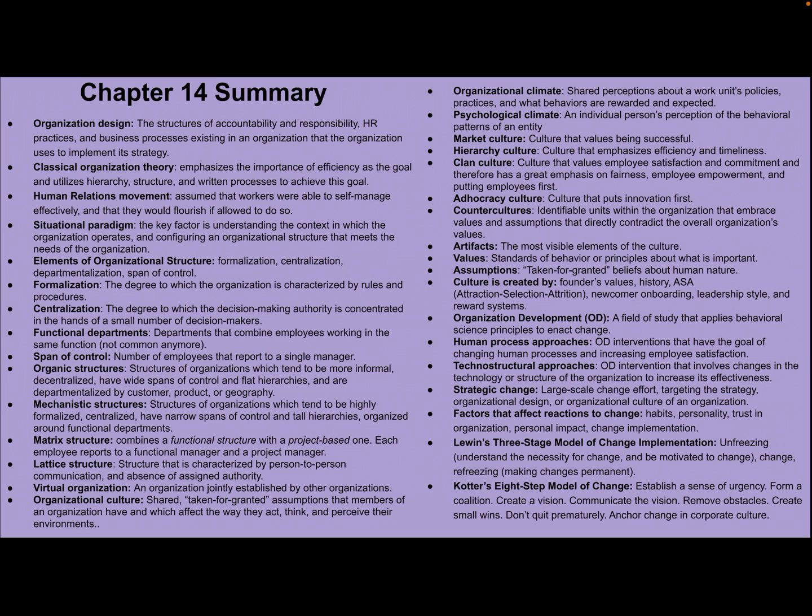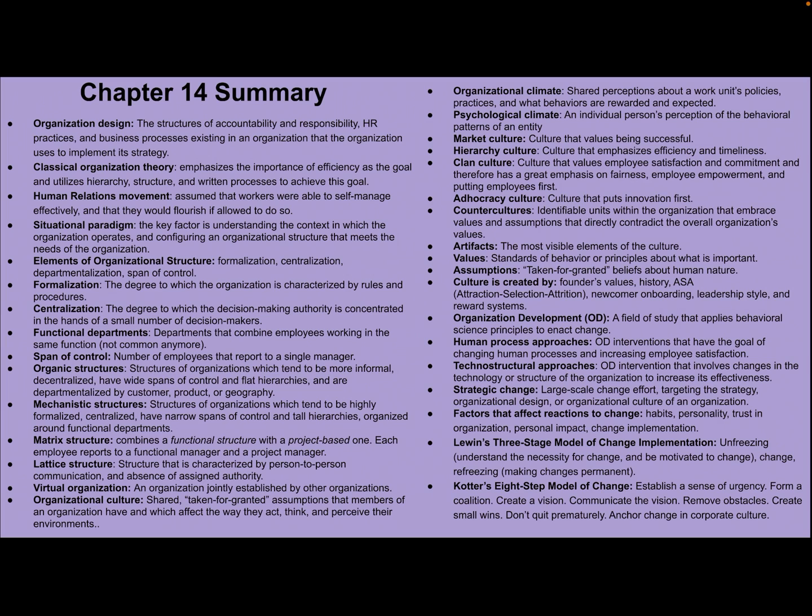Countercultures are identifiable units within the organization that embrace values and assumptions that directly contradict the overall organization's values, like the Ben & Jerry's and Unilever example. Artifacts are the most visible elements of the organizational culture. The values are the standards of behavior or principles about what's important, and the assumptions are taken for granted beliefs about human nature.